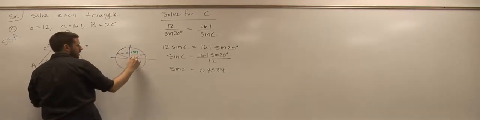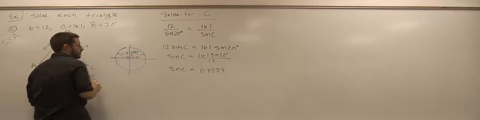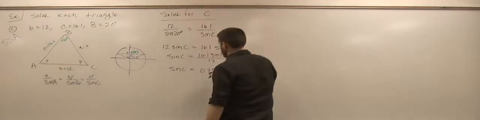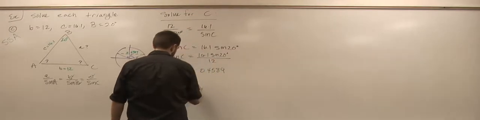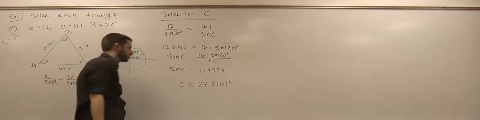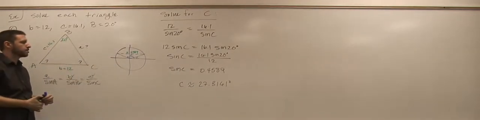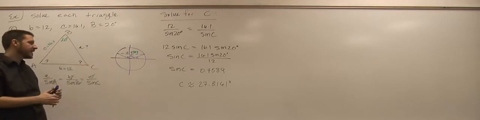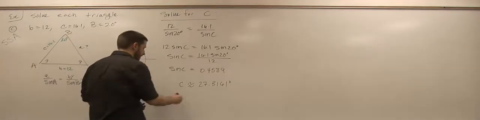So this could be C, or this could be C. So what do you get when you hit sine inverse? 27.3161. Which means you also have to subtract that from 180 to get your other possibility.